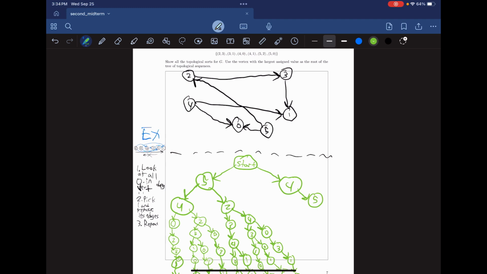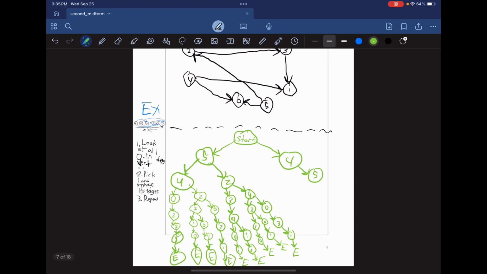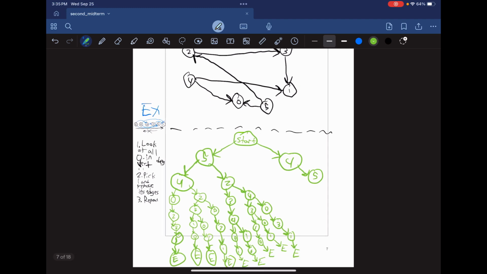Now, actually, something that I see in this scenario that could help us to fast track our tree that we're making is that in this branch right here, we removed 5 and then we removed 4, and then we looked at the things that had 0 out degrees from that point on. But the truth is that if you remove 4 and then 5 versus 5 and then 4, you'll still get the same number of in degrees in each of the vertices.